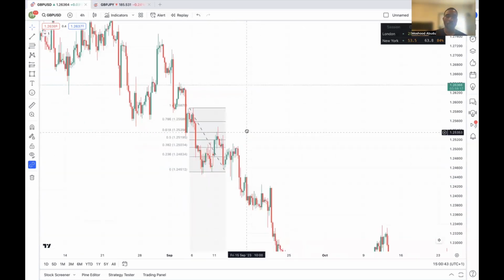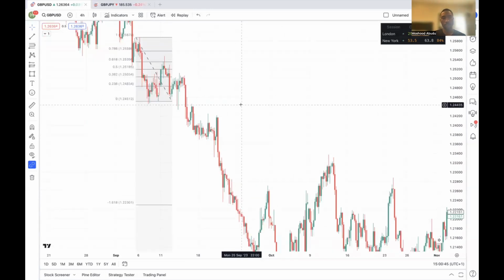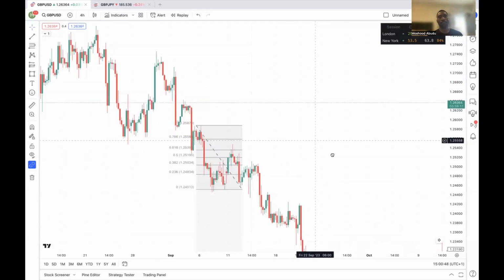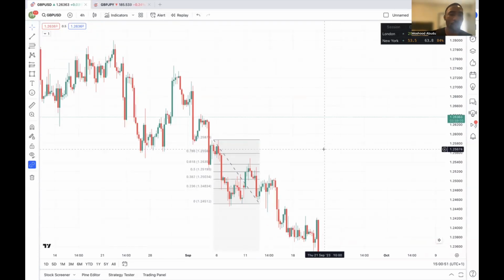So it's something that works, but you just have to find a way to implement it into your trading strategy. Again, I will not advise you to depend on just Fibonacci retracement. Yes, I know it does work, and you can make a lot of money with it, but it has to be when the market is trending. If the market is not trending, there's no way you can make a lot of money from it.